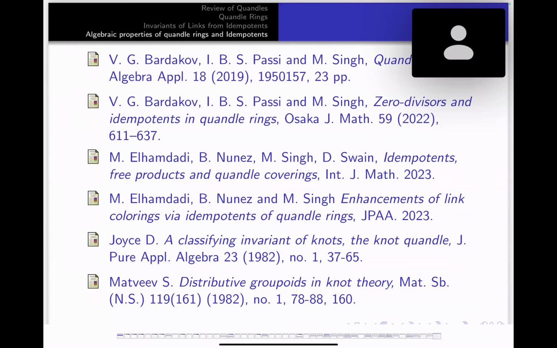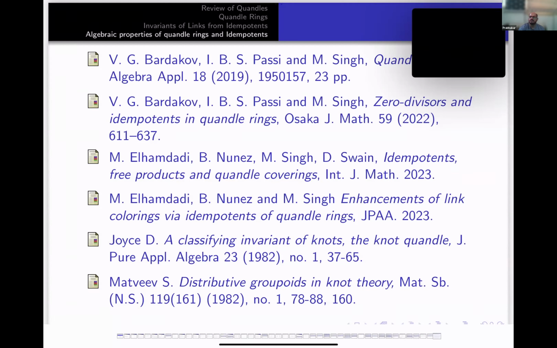For each quandle, the quandle ring is a Hopf bialgebra. I suppose the idempotent properties, the general idempotents, could be characterized in terms of the co-multiplication. Do you know something about this? No, I did not investigate that. It's an interesting question. I don't know the answer off the top of my head.